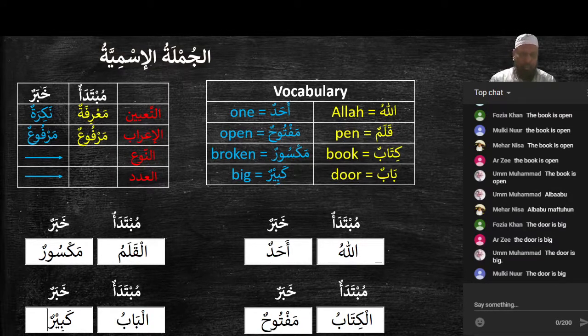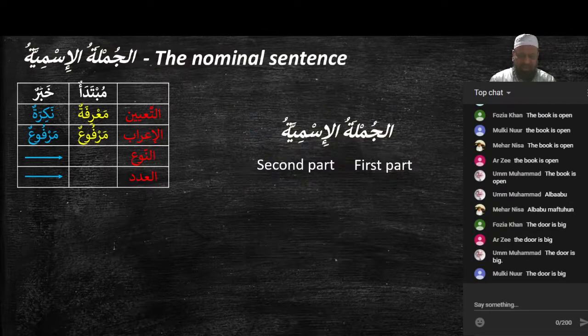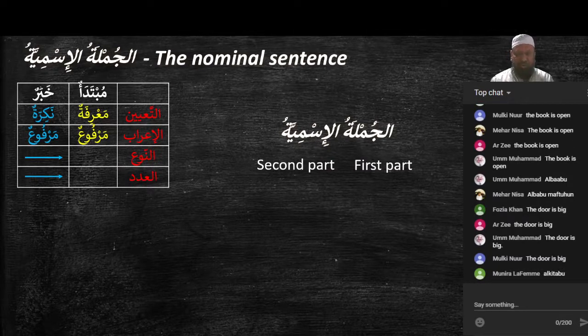Okay. Let's look at the slide in more detail. We have the chart in front of us, so we can look at it and apply the rules. So here we're going to make al-jumla ismiya. Again, we have two parts in jumla ismiya.